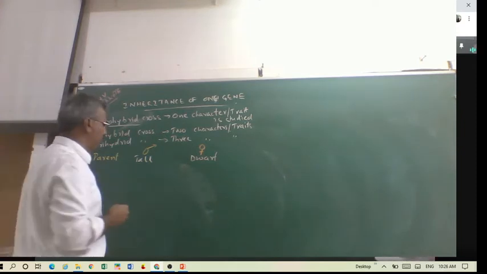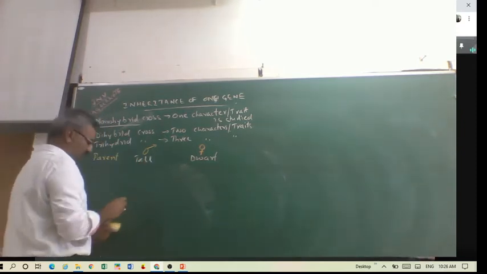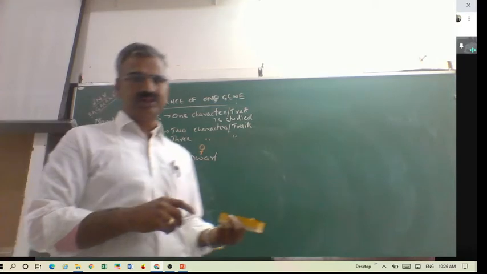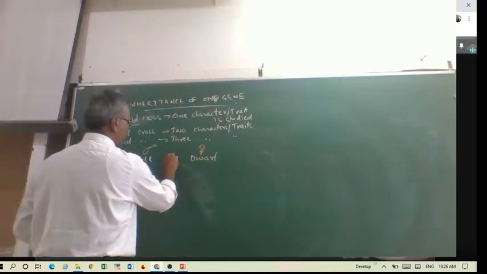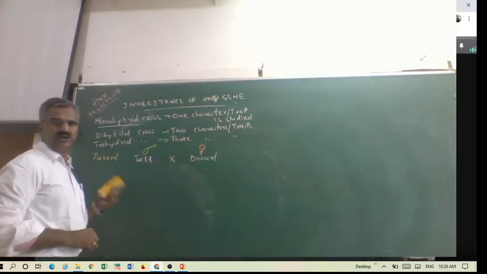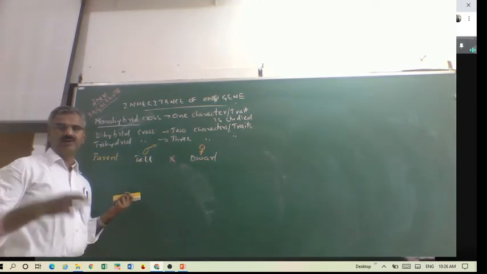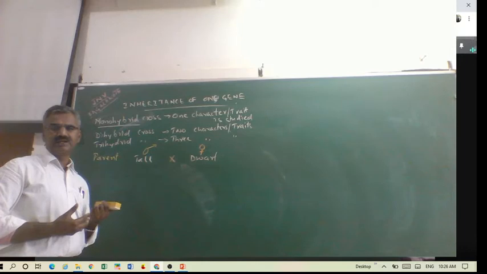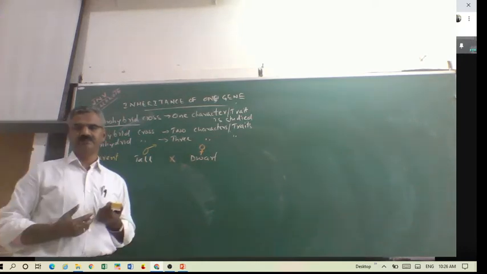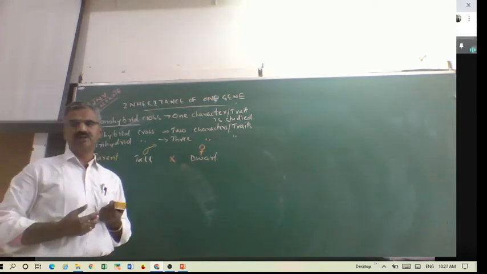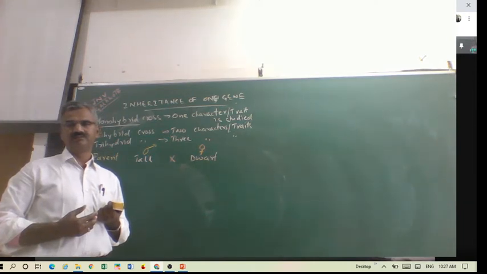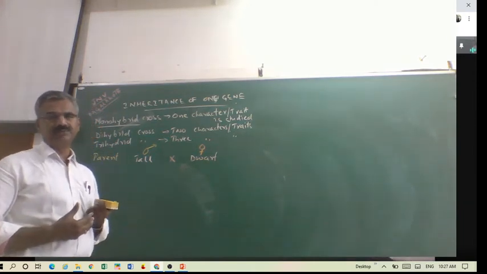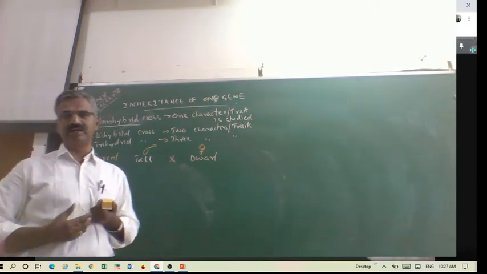Then the question is, when this crossing was done, what do you mean by crossing here? Selectively it has to be bred. What are the different techniques which we follow during artificial hybridization?